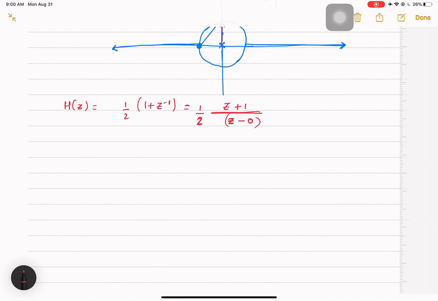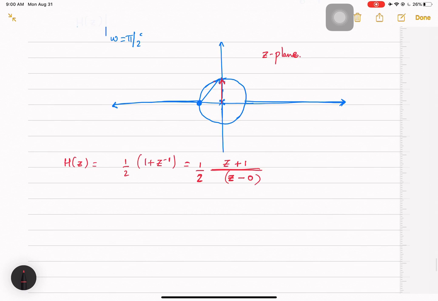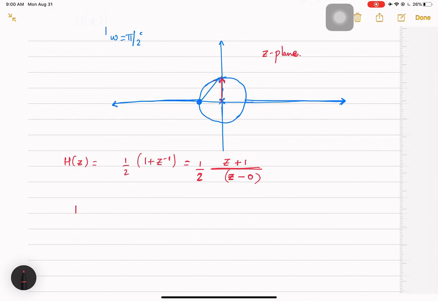Okay, now suppose you want to find the value of h of z at, let's say, z equal to 3, right?